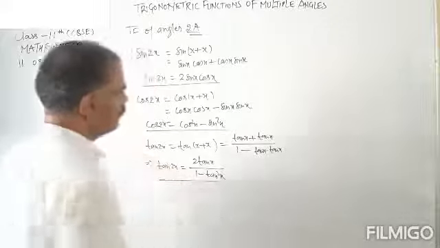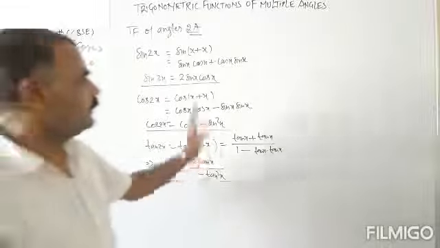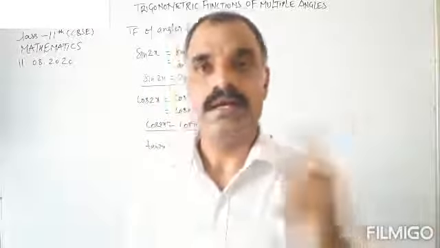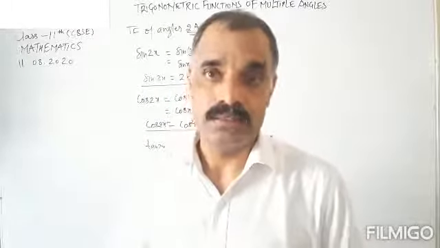So this is the third formula, that is tan 2x. So sine 2x, cos 2x and tan 2x we have already discussed.